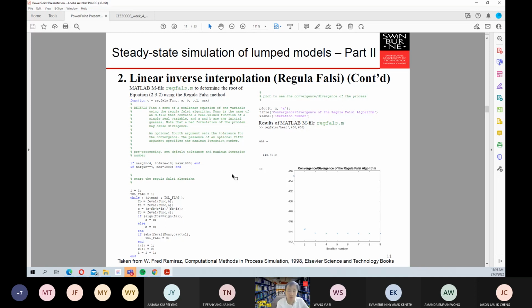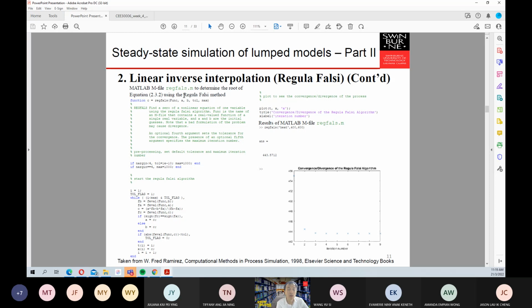We have defined the value of the function in here, right? So these are the MATLAB methods that apply the algorithm of the regula falsi method. This one is created by Matthews, if not wrong. This one is a function, so you need to provide any particular function, and then you need to provide the A. The A is the initial value.